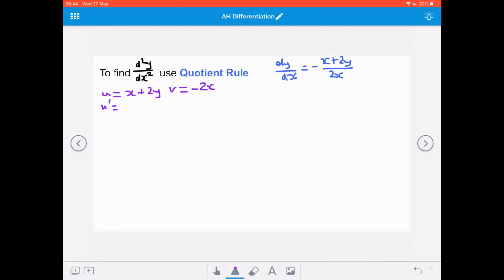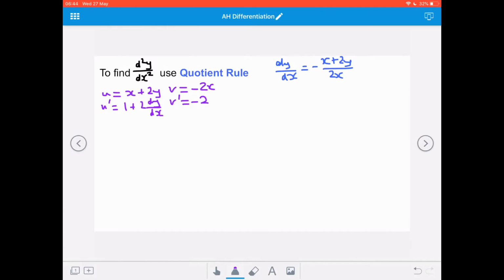So u prime is going to be 1 plus 2 dy by dx, because x differentiates to 1, and the 2y differentiates to 2 dy by dx using the chain rule, and v prime is going to give me negative 2.